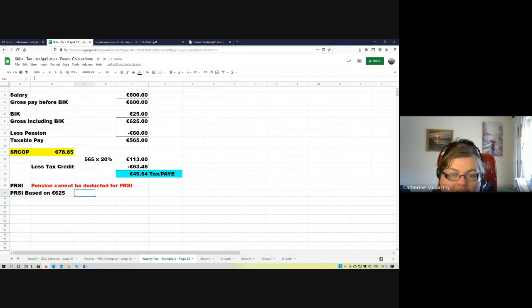Okay, and what rate of PRSI are we paying on that? So remember, anyone that's over €352 is going to pay PRSI at 4%. So 4% of the pay, and that is 25 euro.